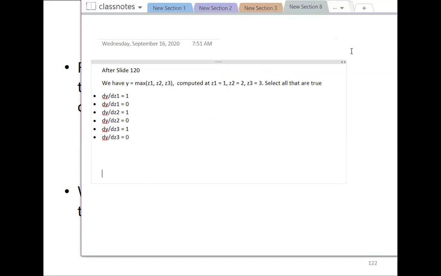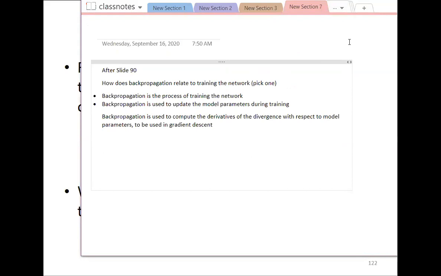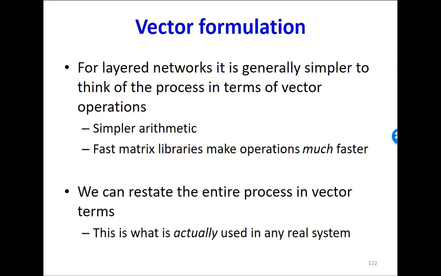So this was the second poll for the max, and this was the last poll. Now I'll stop right here, and I'm going to post an extra lecture of 20 minutes later in the day for you guys to watch.